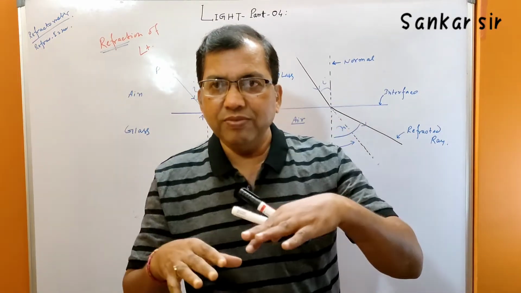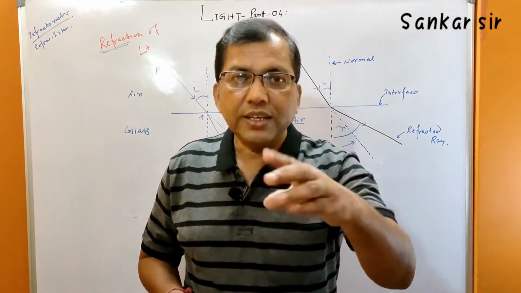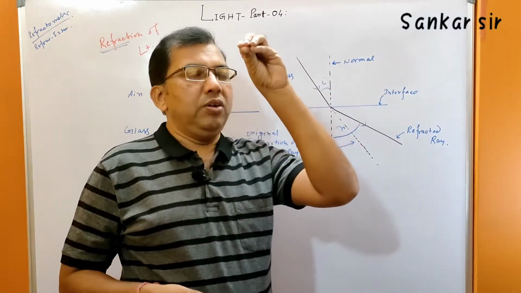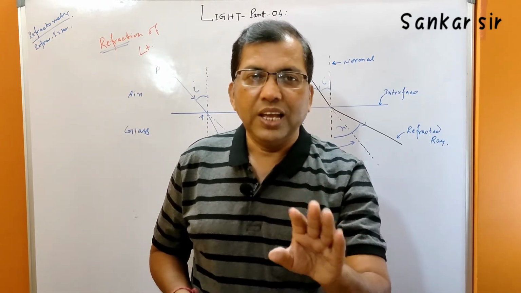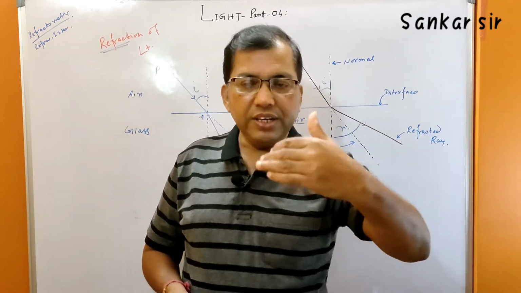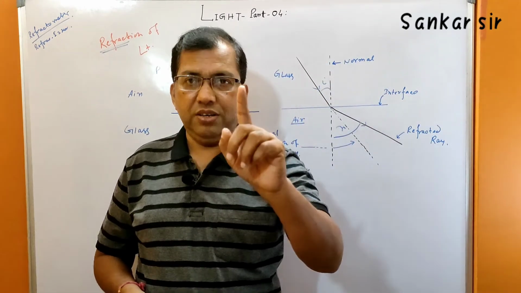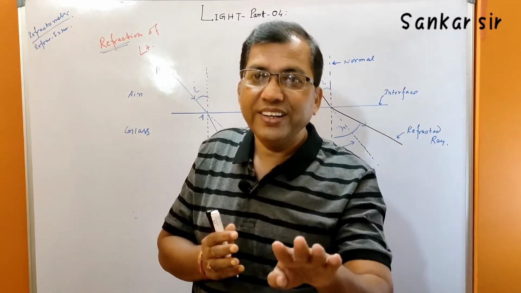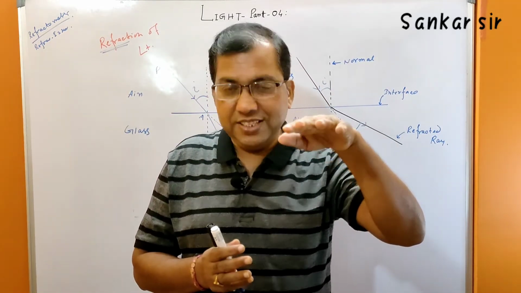In the optically denser medium or the optically rarer medium, in which does light travel fast? In the optically denser medium, light travels slow. In the optically rarer medium, light travels fast. Remember, the denser the medium, the slower the light; the rarer the medium, the faster the light.